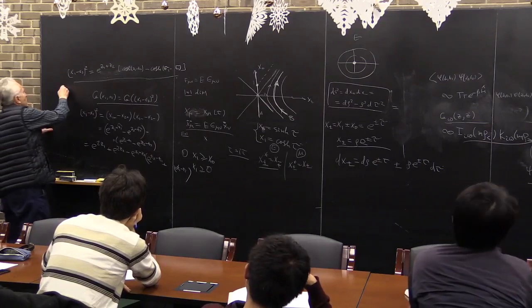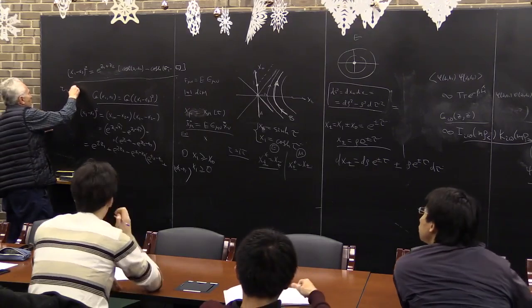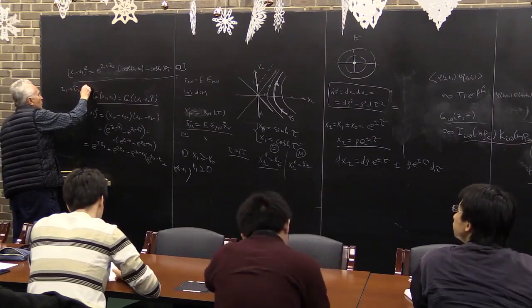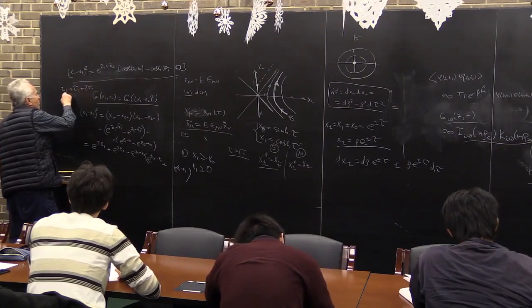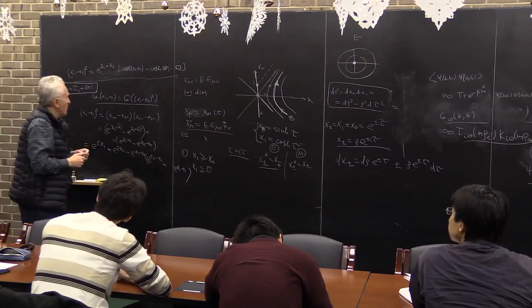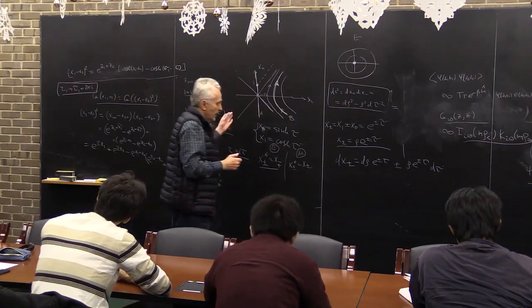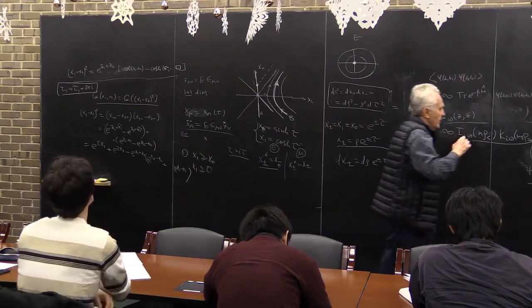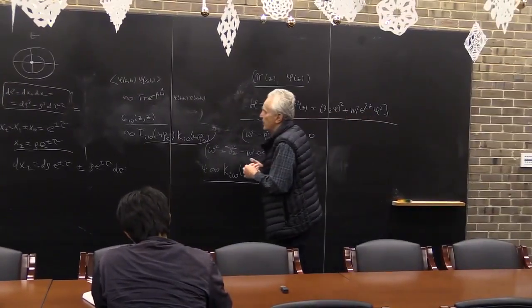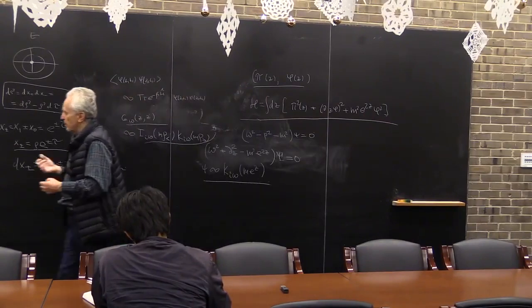As you see, it's periodic if you change tau1 by 2 pi i. And now I shall explain very briefly the well-known fact that periodicity in imaginary time means temperature.